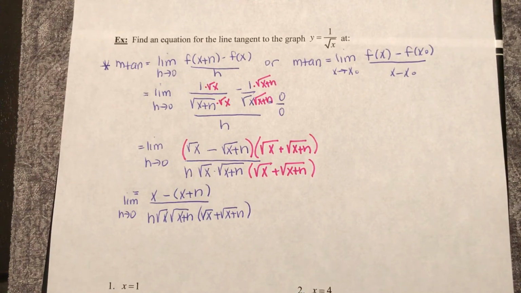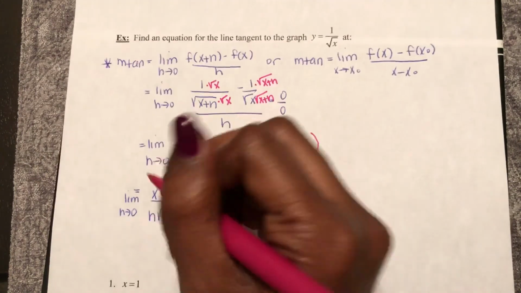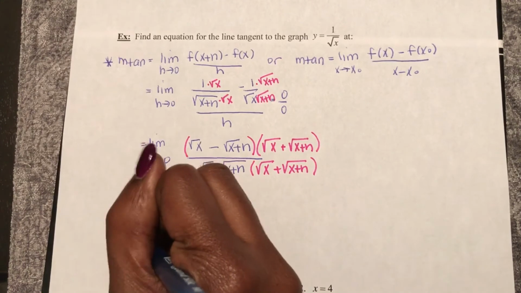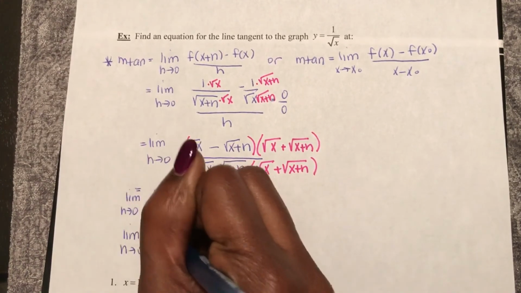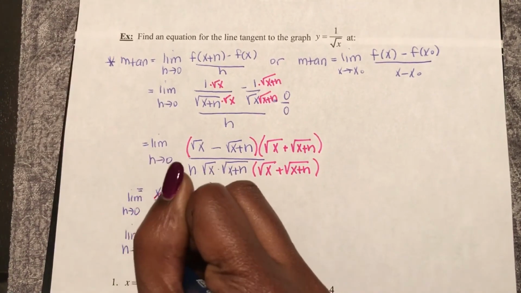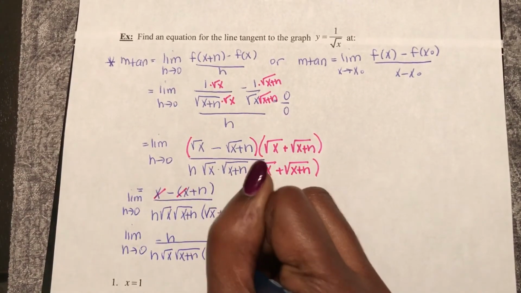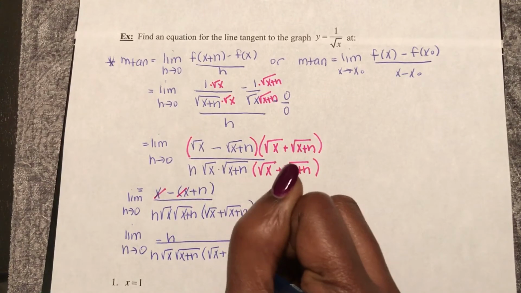So now I see if I distribute my negative, these x's will cancel and I'm left with the negative h on my numerator. So we have the limit as h approaches 0 of negative h over h square root x plus h multiplied by my conjugate.